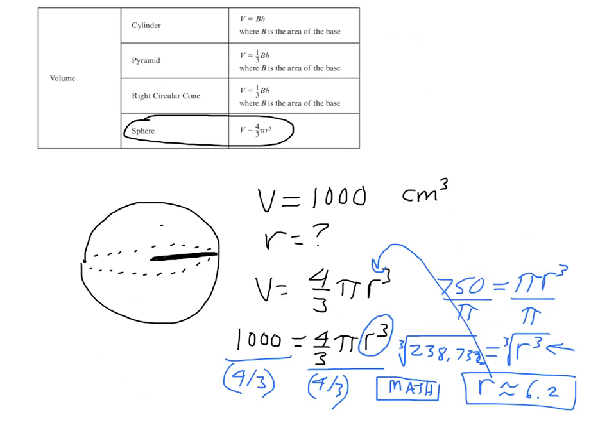But if you typed in 4/3 in parentheses times pi, use the pi button on the calculator, times 6.2 to the third, you end up getting 998 approximately, which is not equal to 1,000.